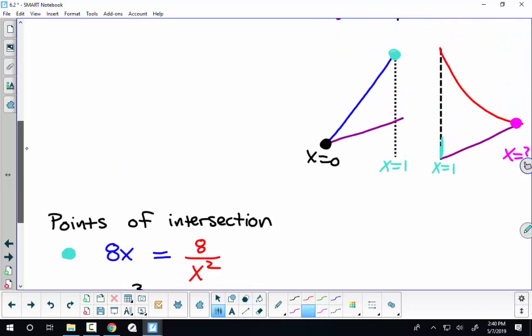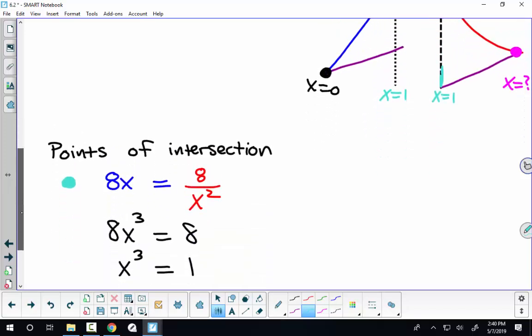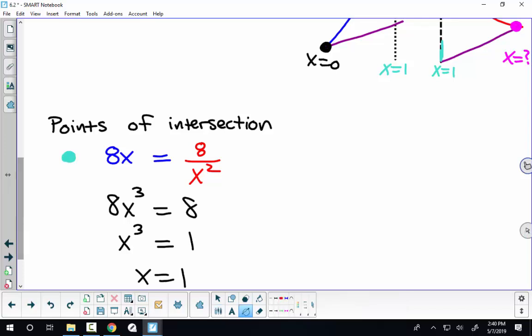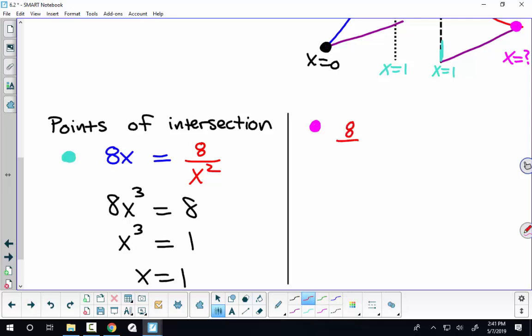Second point of intersection, how do we find that intersection? x is equal to 8 over x squared. Yeah. So that point of intersection is where the red intersects the purple, which is where 8 over x squared is equal to x. Same method to solve, multiply through by x squared.